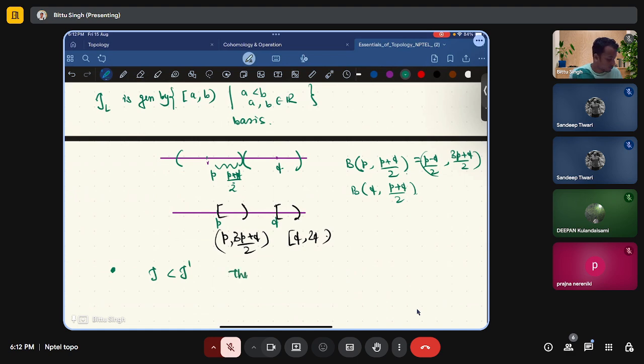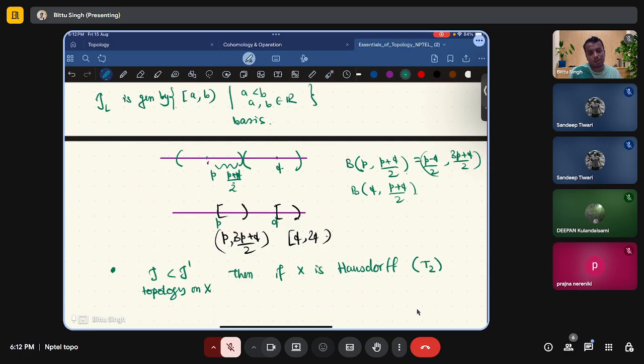Then we are considering two topologies, tau and tau dash, on X. Then if X is Hausdorff, there is a notation for Hausdorff. It is written by T2.